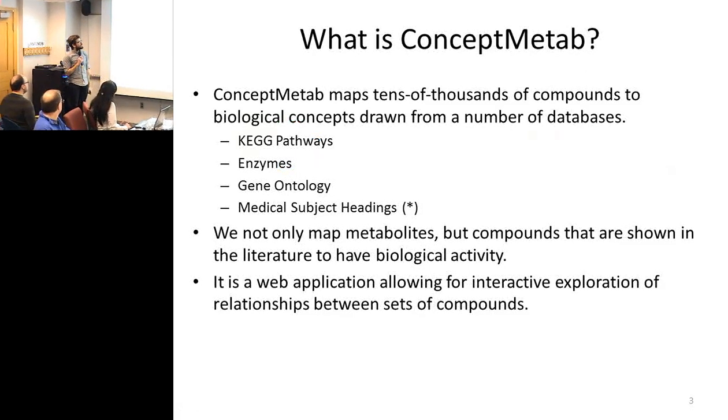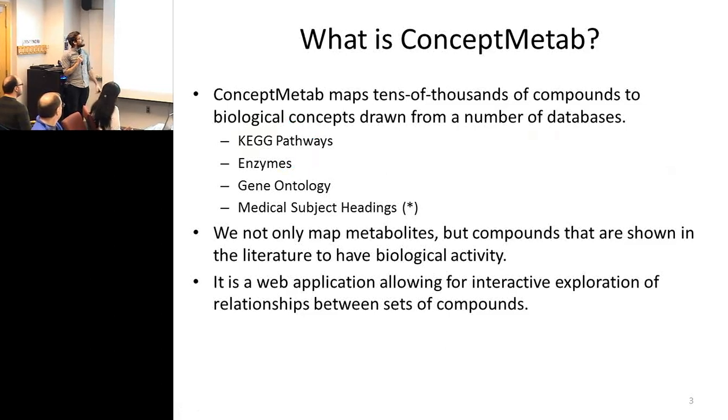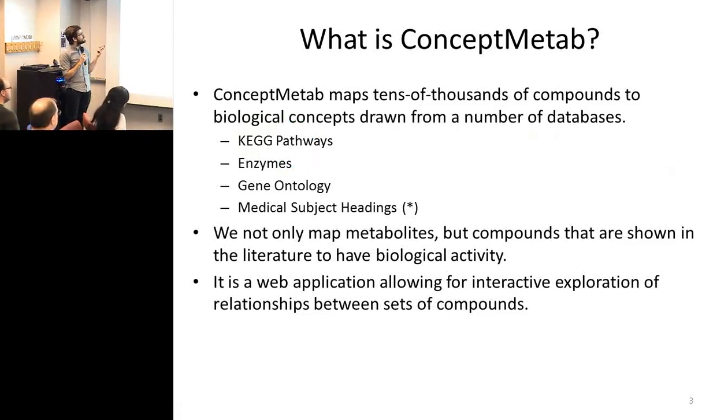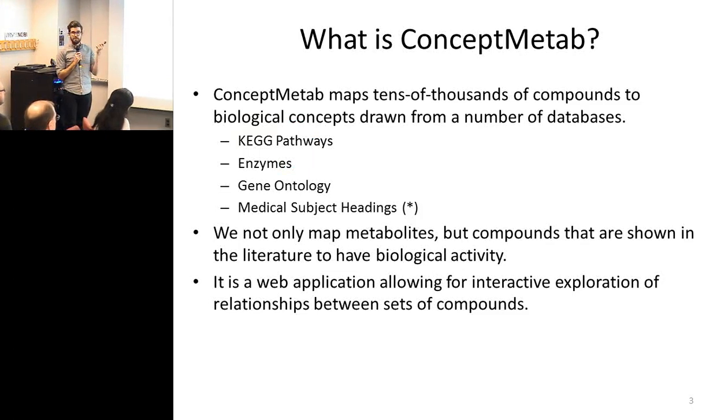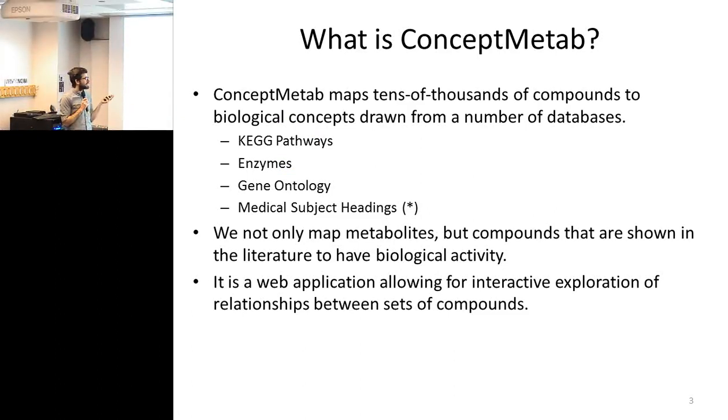So just to get it started, what is ConceptMetab? It is a tool that maps tens of thousands of compounds to biological concepts that are drawn from a number of databases, which many of you might be familiar with, such as KEGG Pathways, Enzymes, Gene Ontology, and Medical Subject Headings. I have a little asterisk next to the MeSH terms because those are unique to ConceptMetab relative to other metabolite set tools.